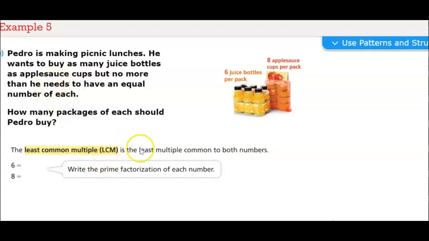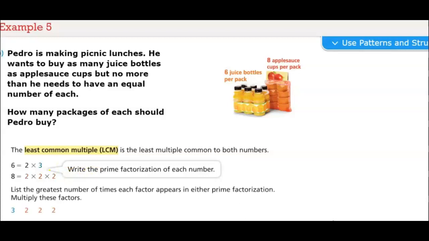The least common multiple, or LCM, is the least multiple common to both numbers. So we have 6 and 8, and they want us to write the prime factorization of each number. So we have 2 times 3, then 2 times 2 times 2.